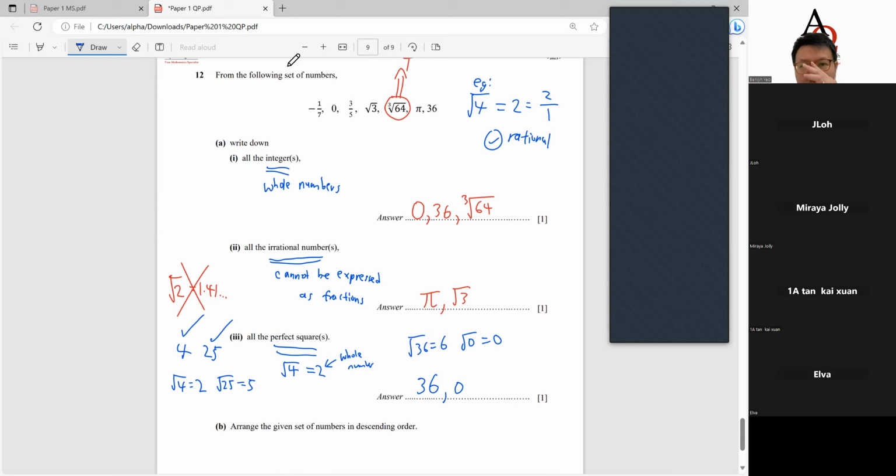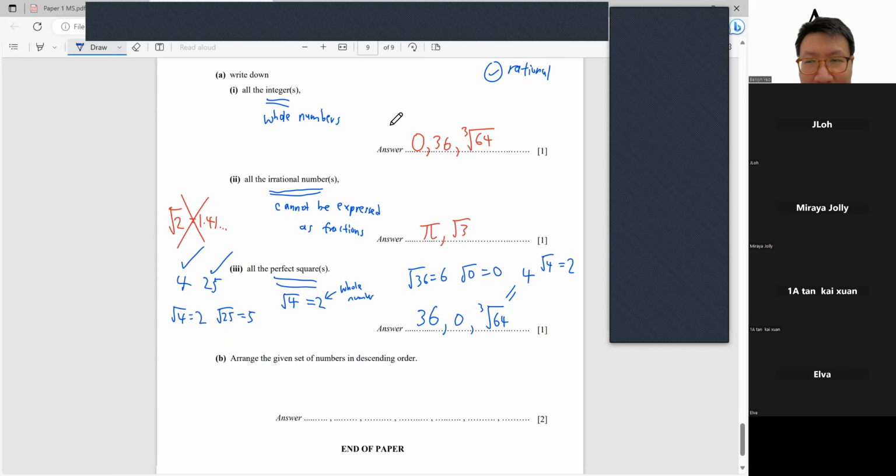The one more perfect square is the same culprit as part 1. It is cube root 64. Why? Because this will be 4, right? And square root of 4 is equals to 2. So this is also a perfect square.